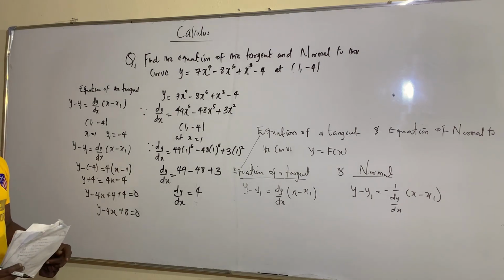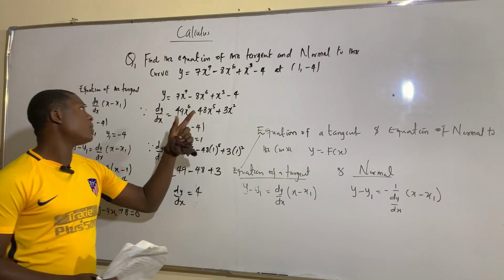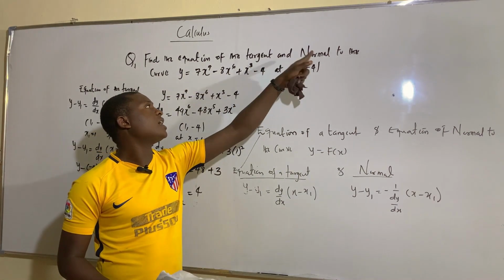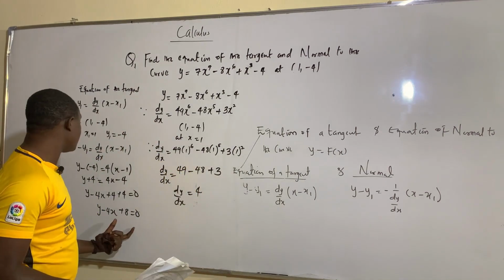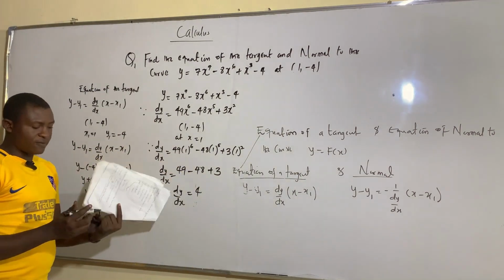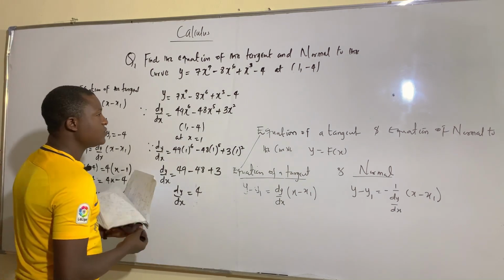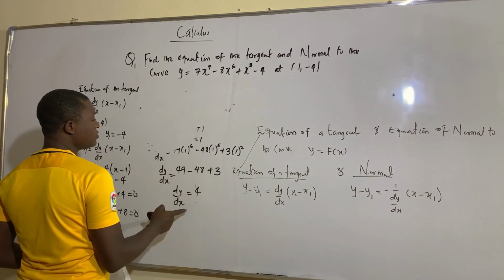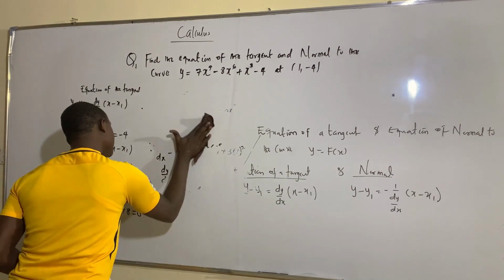So the second one, we have to find the equation of the normal. It's two questions from the statement itself: find the equation of the tangent and of the normal. So we have gotten it for the tangent. Let's find it for the normal now. So just apply the same formulas. Please don't forget what we get for the gradient is 4.